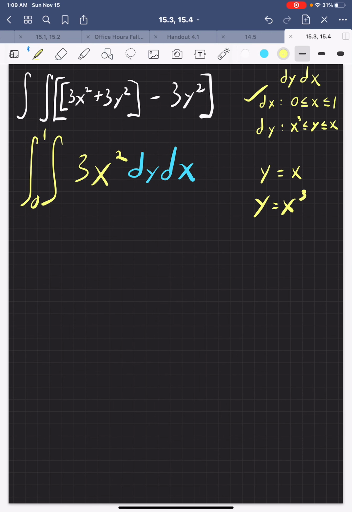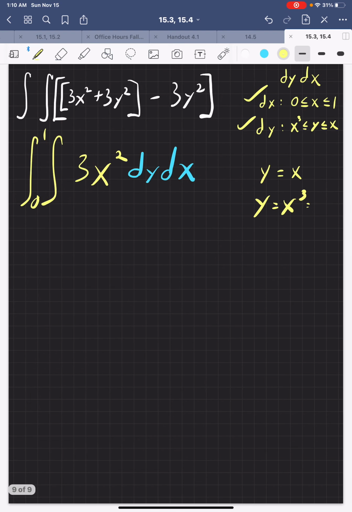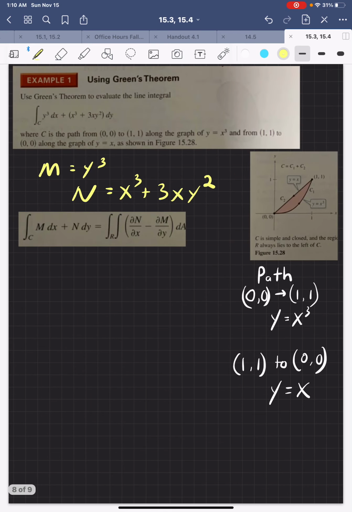But when you get to dy, you're going to have to solve for y. Did I write that correctly? y equals x cubed, y equals x. Oh, my sincere apologies. I was thinking we would have to switch up the bounds of integration, but no, we don't. It was already defined in terms of y.